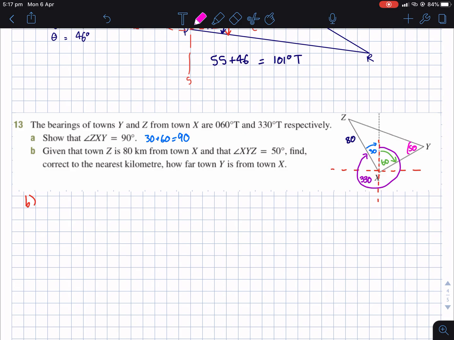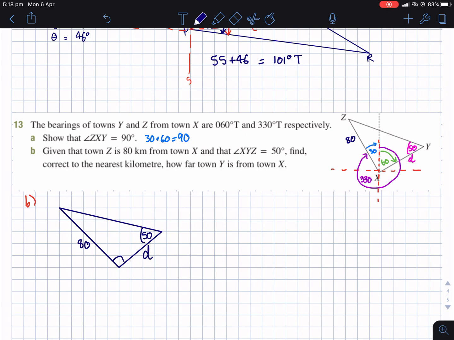Find how far Y is from X. So I want to find this one, and I'm going to call this D. So I'm going to draw this triangle again. We know this is a right angle. We know this is 80. We know this is 50. And we want to know this one.